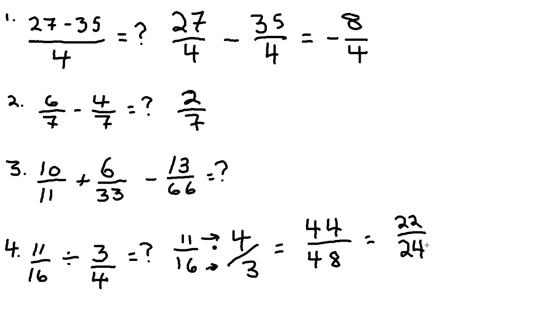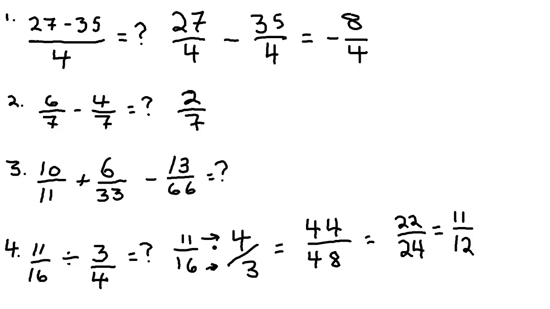And then it looks like we can simplify this even further. We can actually divide each of these numbers by 2. So 22 divided by 2 again is going to be 11, and 24 divided by 2 is going to be 12. It looks like these don't have any numbers that can be divided by each other in common. So that's it.